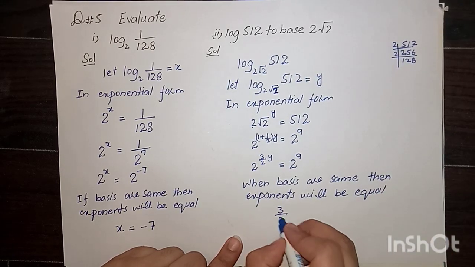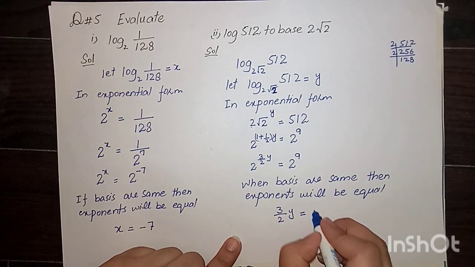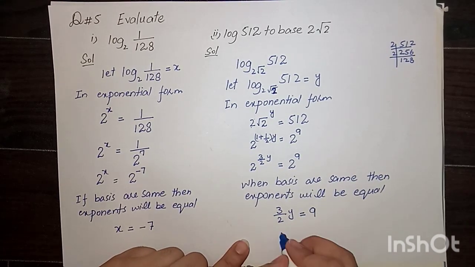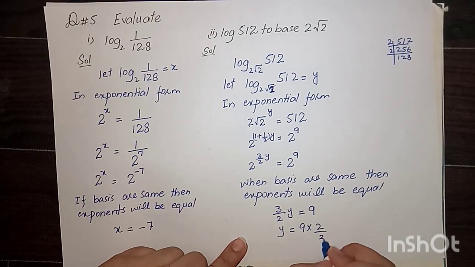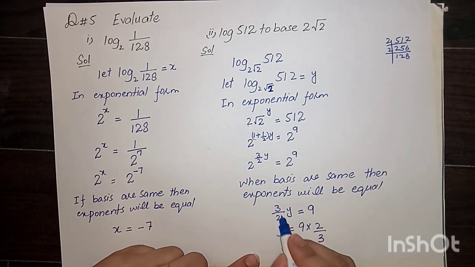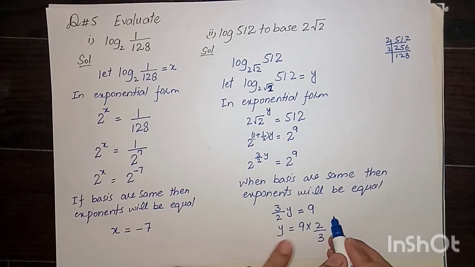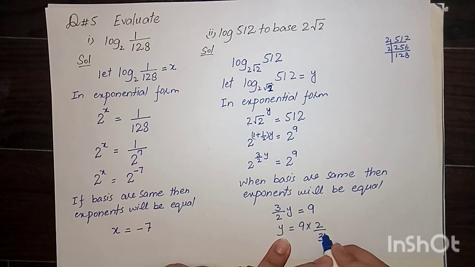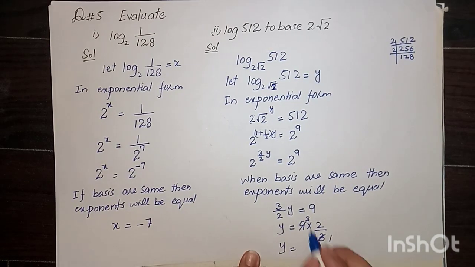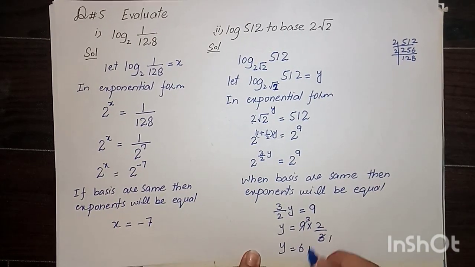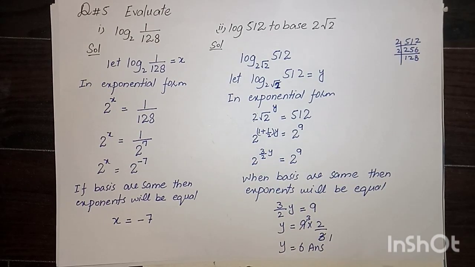So this is equal to 3/2 y is equal to 9. Simplify this. y is equal to 9 multiplied by 2/3. The reciprocal of this 3/2 goes to the other side, this is equal to 2/3. 3 1s are 3, 3 3s are 9, and y is equal to 3 2s are 6. This is my answer.